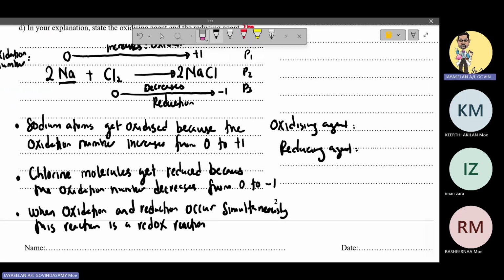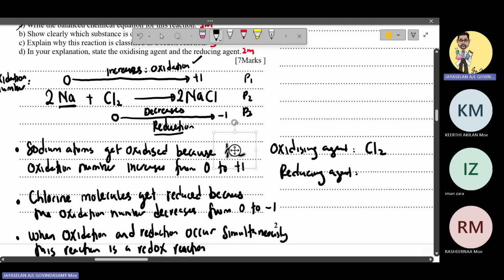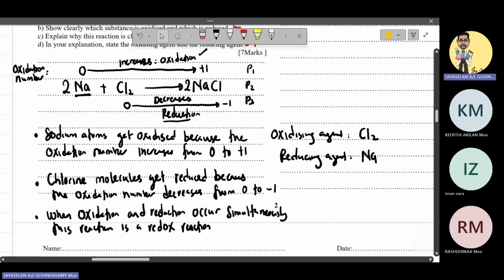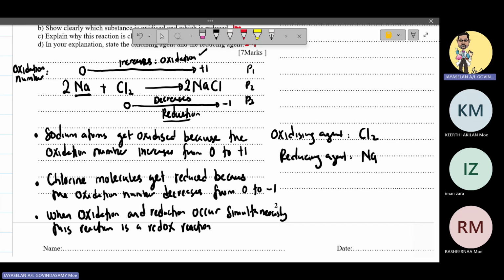Oxidizing agent undergoes reduction. Who undergoes reduction? Chlorine, right? You put the symbol. Reducing agent undergoes the other process, which is oxidation. Who undergoes oxidation? Sodium, right? You put the symbol for sodium. Full mark. That's it, you already get the marks. Any question? No question. Okay.